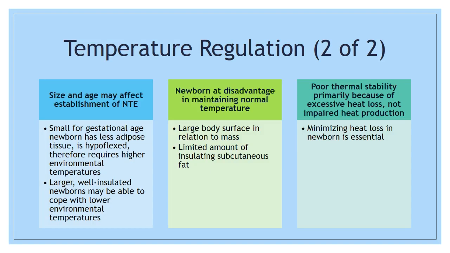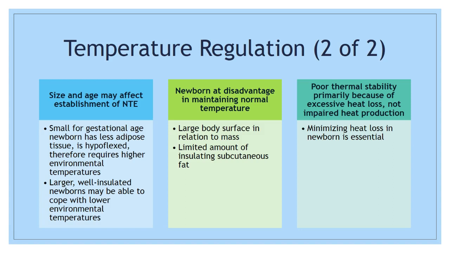Size and age can affect the newborn's establishment of that neutral thermal environment. Small for gestational age newborns have much less adipose tissue. They are hypoflexed, meaning they're not quite as flexed up in the fetal position.